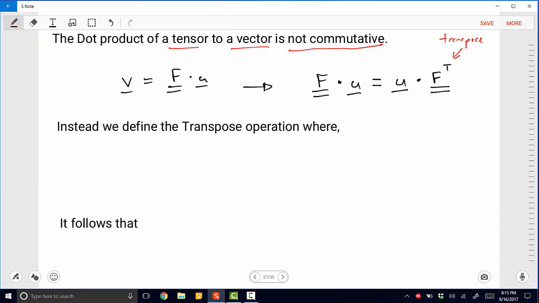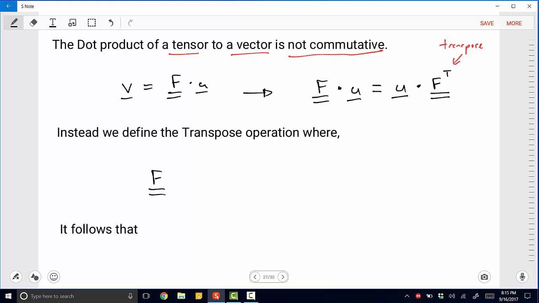Well, let's note that if we have a tensor F, that tensor in index notation is Fij, and if we were to transpose that tensor, then the order of the indices changes, meaning that Fij becomes Fji. So in essence, we are switching the off-diagonal terms. So F12 becomes F21. They switch positions, those off-diagonal terms.